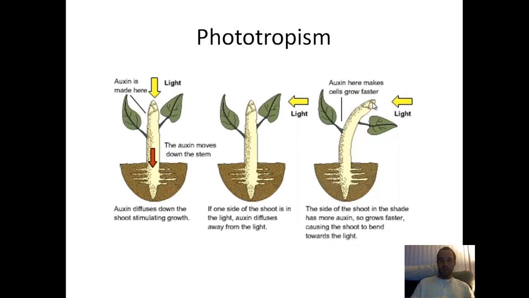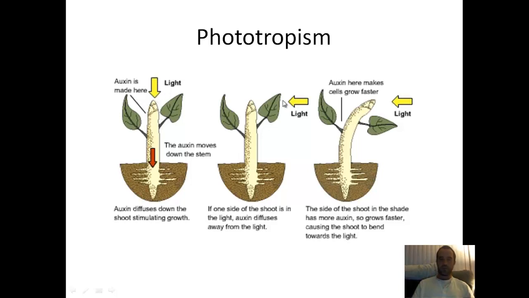There's another idea of the way plants can respond, and it's called phototropism. Photo, again, just means light, and it's the way that plants respond to light. So this diagram here is talking about the hormone that the plant releases. In the growing end of the plant, auxin is made, and this hormone is going to cause the plant to grow up if the light's coming from above.